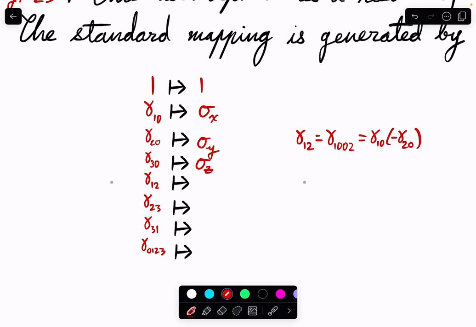So if you map these both individually to their respective basis vectors in the APS, you end up with this mapping, where you get sigma x minus sigma y. So minus sigma xy, and that is the mapping for this.